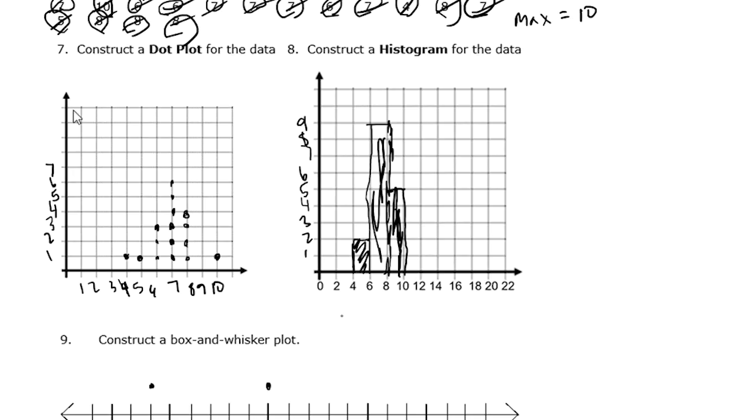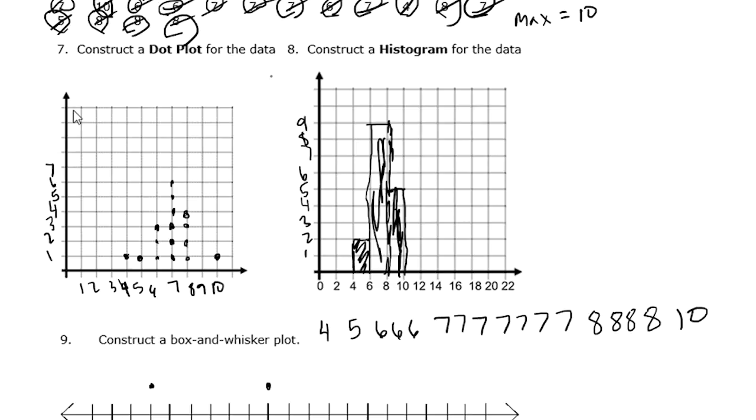Okay, so it just helps if all the numbers are spread out. 4, 5, we have 3 6s, 6 7s, 1, 2, 3, 4, 5, 6, 7. 1, 2, 3, 4 8s, and a 10. All right, let's take a look at finding the middle. We're going to cross them off. And I actually have to stop right now because all my numbers are 7, so our median is 7.